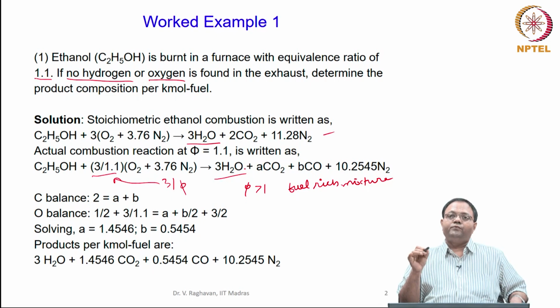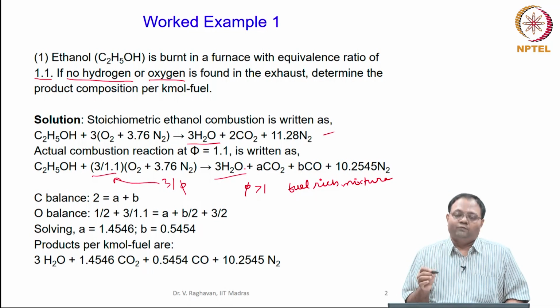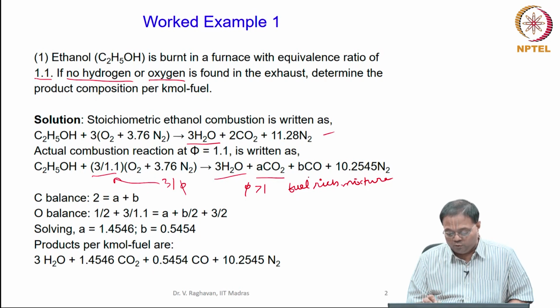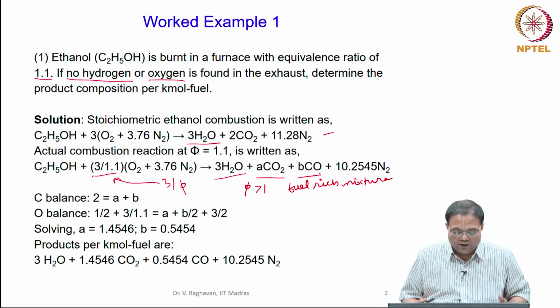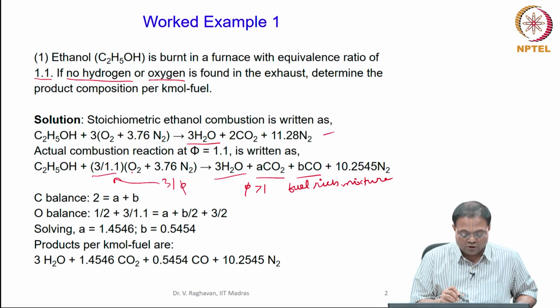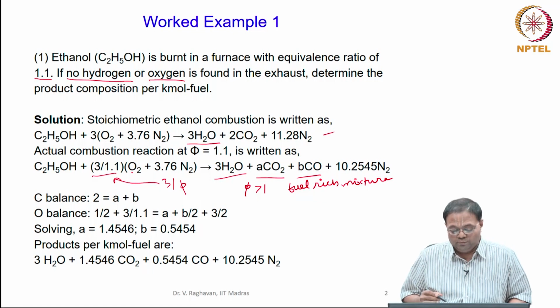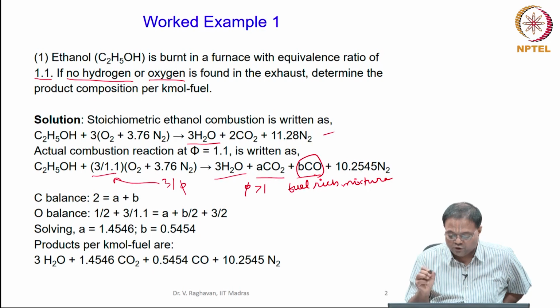So 3 moles of H2O is formed first, but now you can see that for C to oxidize, oxygen is not enough. So some amount of CO2 is formed and some amount of CO is formed, because the oxygen is not available. See, 3 moles of oxygen is required for combustion, but you are supplying 3 by 1.1, that is less than 3 for the actual mixture. So you will get some amount of carbon monoxide in the mixture.